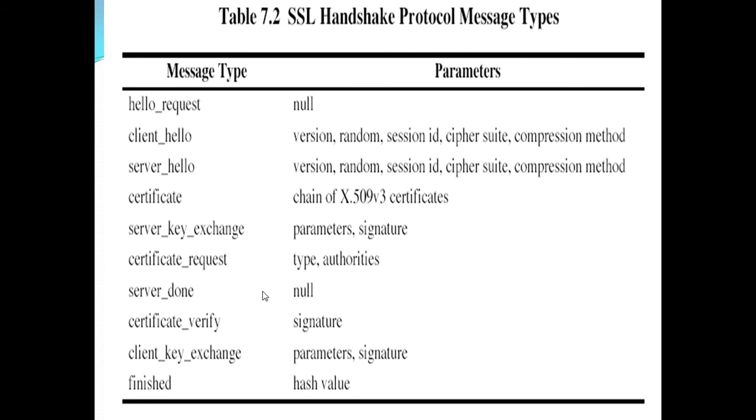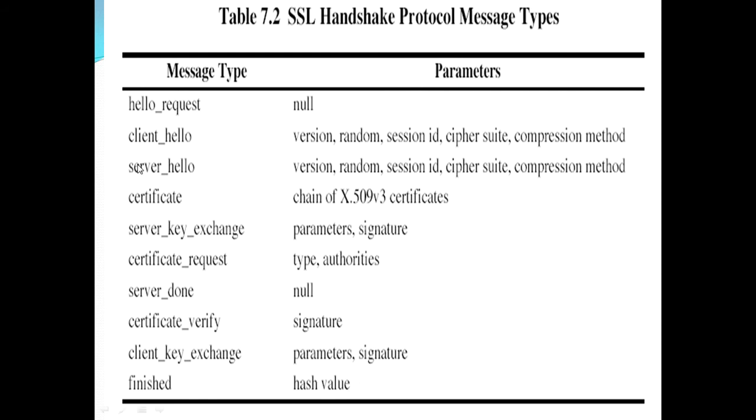All this happens before the original data transmission. This is only for authentication and establishing the sessions. The handshake protocol is only used for establishing the session, nothing but the communication or connection between the client and server. Next, client certificate verified through signature, finished with hash value.